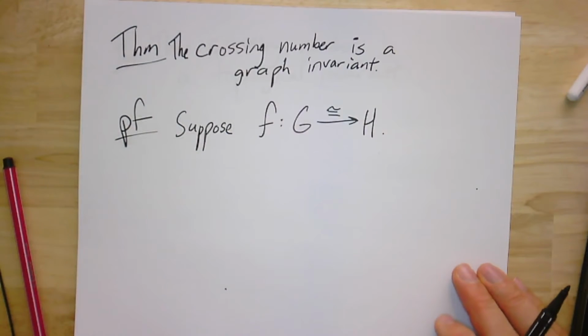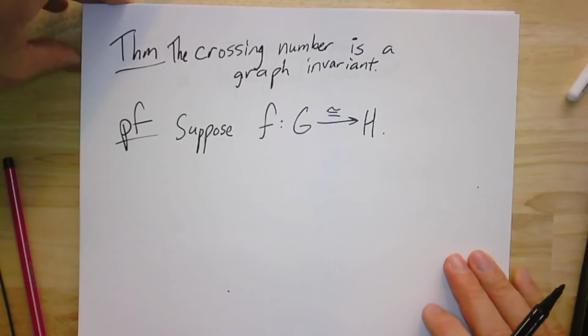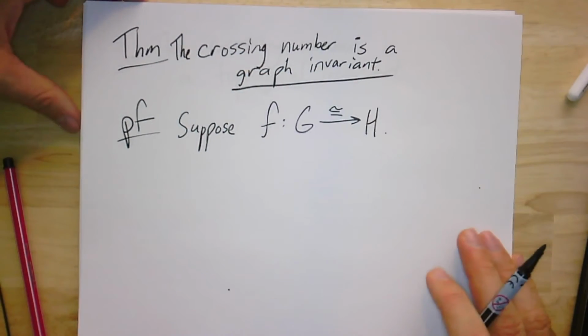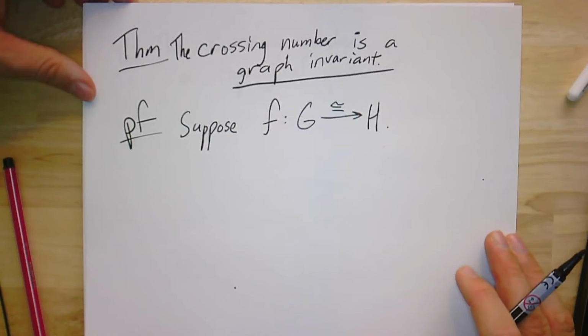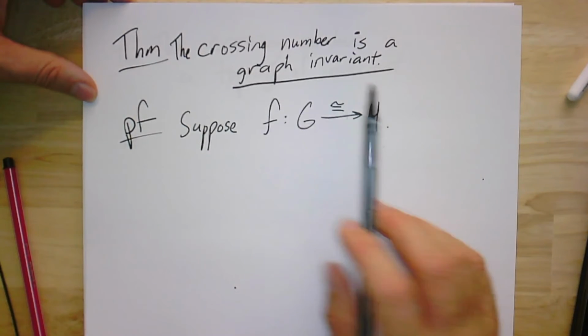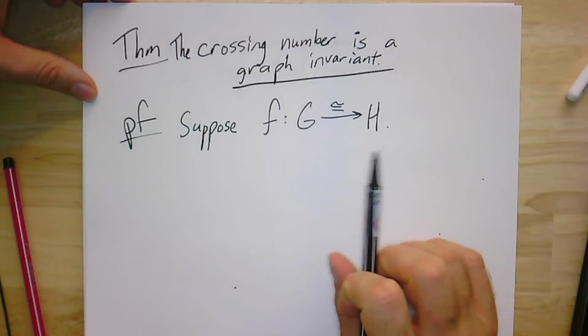But before we get to that, we should map this crossing number idea into the world of graph invariants and prove that this crossing number really is a graph invariant. So remember, for a graph invariant, that means we're going to show that if the graphs are isomorphic, then the invariants are the same.